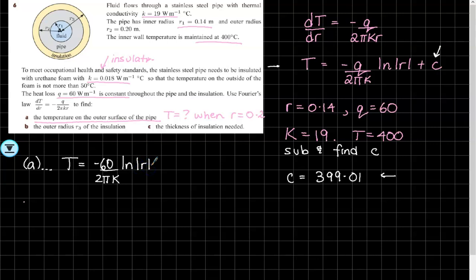Okay, and our C, which you have hopefully stored in your calculator there as your answer. So now for part A, find the temperature of the outer surface area. So are we happy that that would now be the radius is 0.2? Now, at 0.2, this would be the inner part of your insulation. The insulation is touching, so that's why the K now has to change.